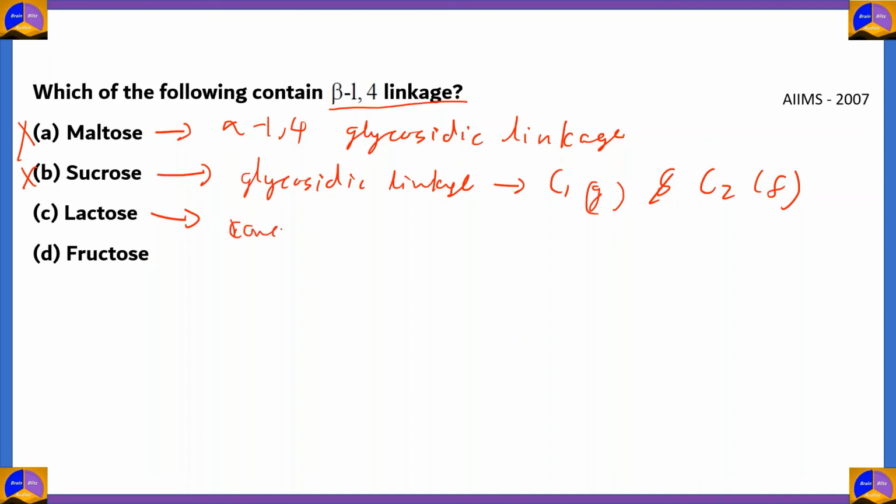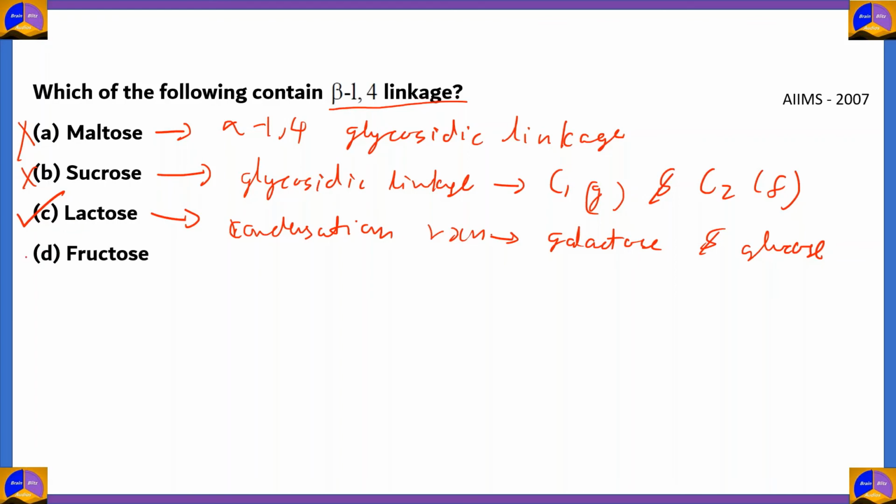Lactose undergoes a condensation reaction to form a combination of galactose and glucose, which has beta-1,4 linkage. So option C is the right option.